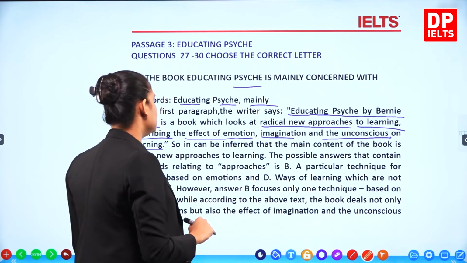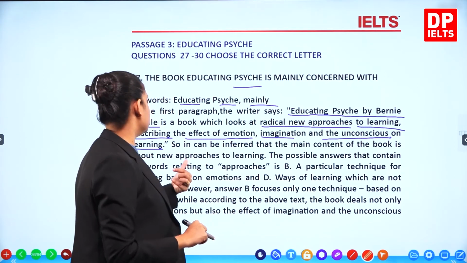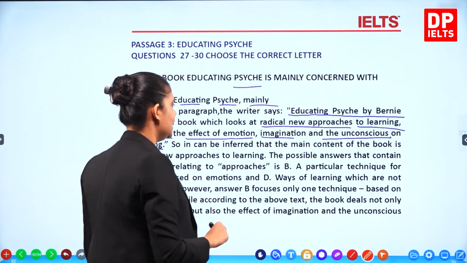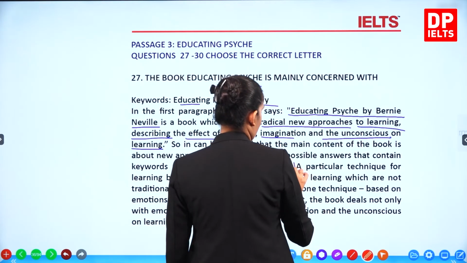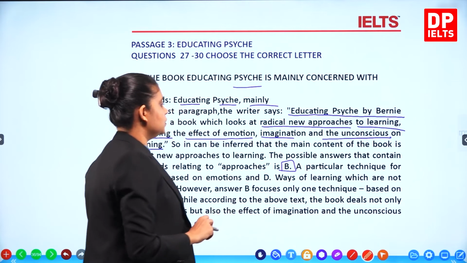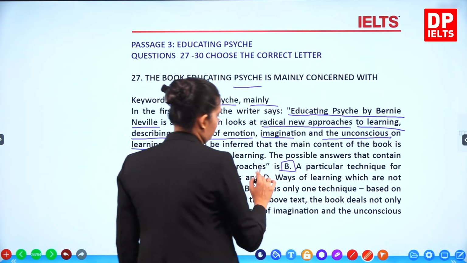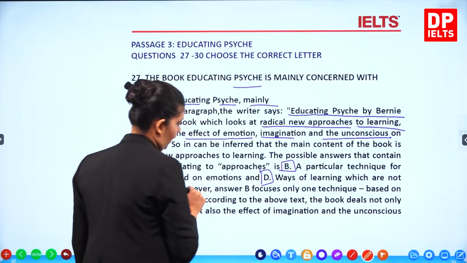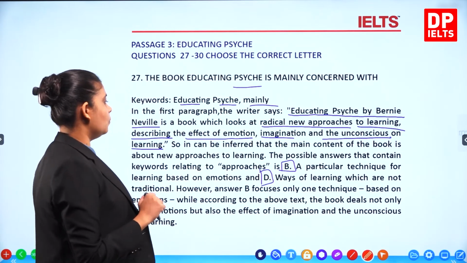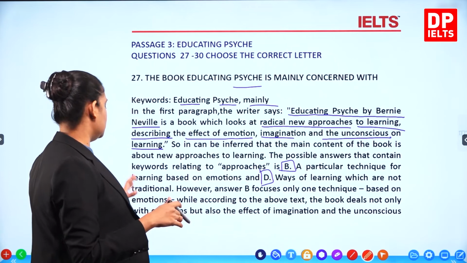The possible answers that may contain the words relating to approaches is B. Right? A particular technique for learning based on emotions, and you can see D there, right? Ways of learning which are not traditional.